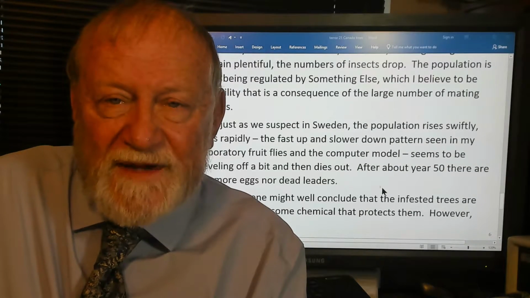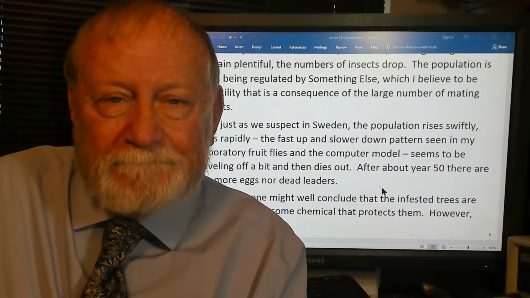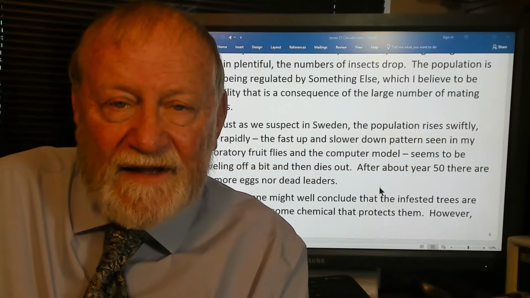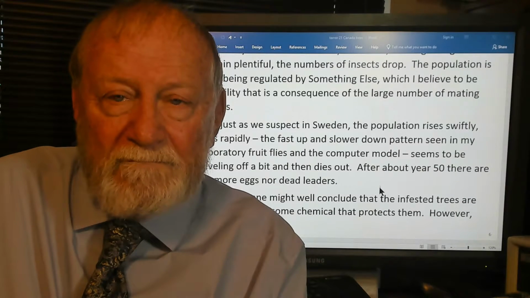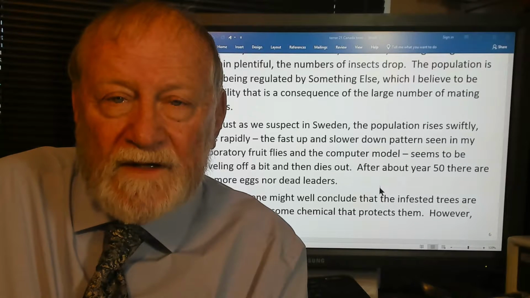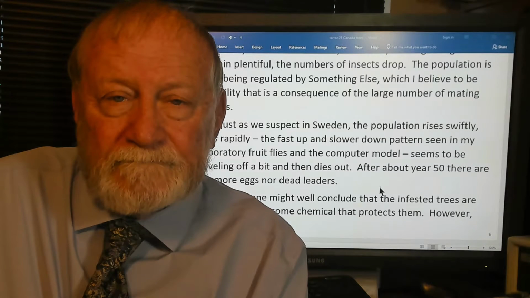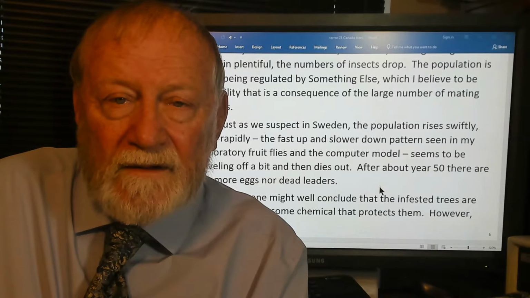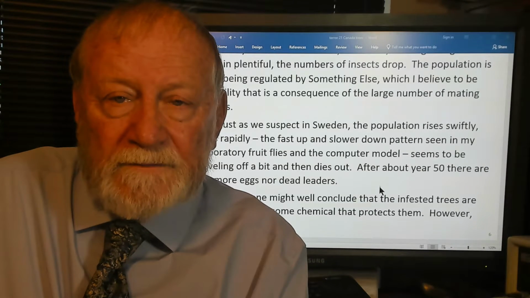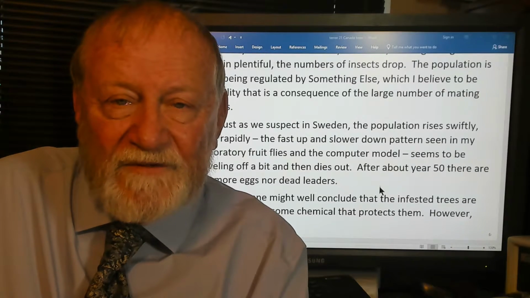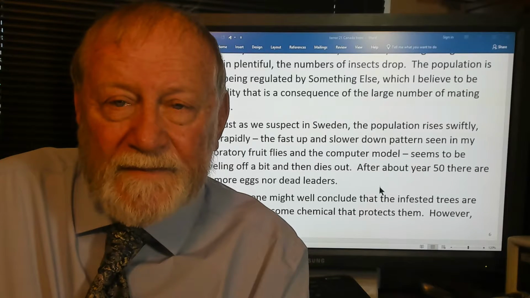So, just like Sweden, population goes up quickly, falls rapidly, seems to be leveling off, and then, bam, dies out. Now fruit flies don't do it that way.